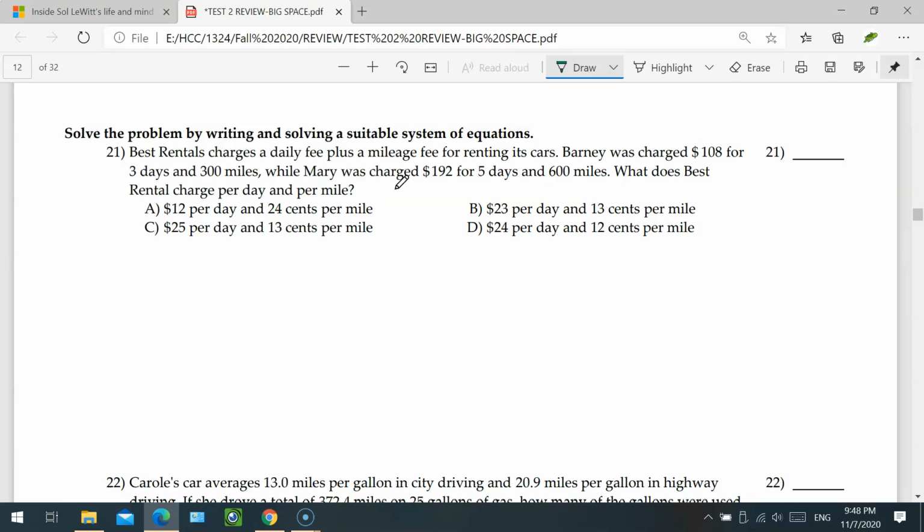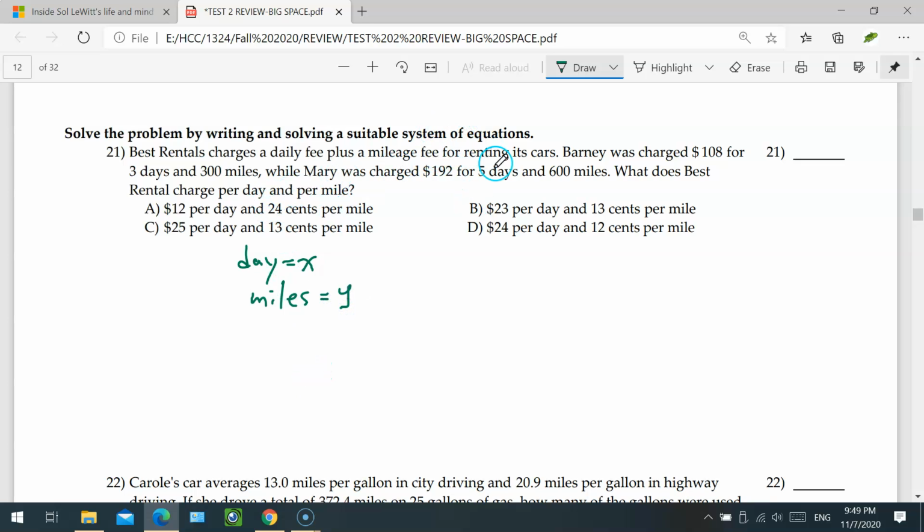What does Best Rental charge per day and per mile? Alright, so I'm going to let the day be x, and the miles, we'll put y.